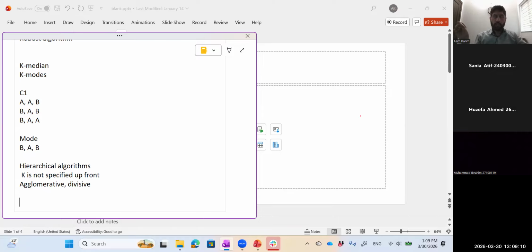So now you don't need to specify k, and you can decide by visualization or by some other technique, like validation, which number of clusters you want to keep. So that's the idea here. Divisive runs in reverse: you start with all the data as one cluster, then divide it.